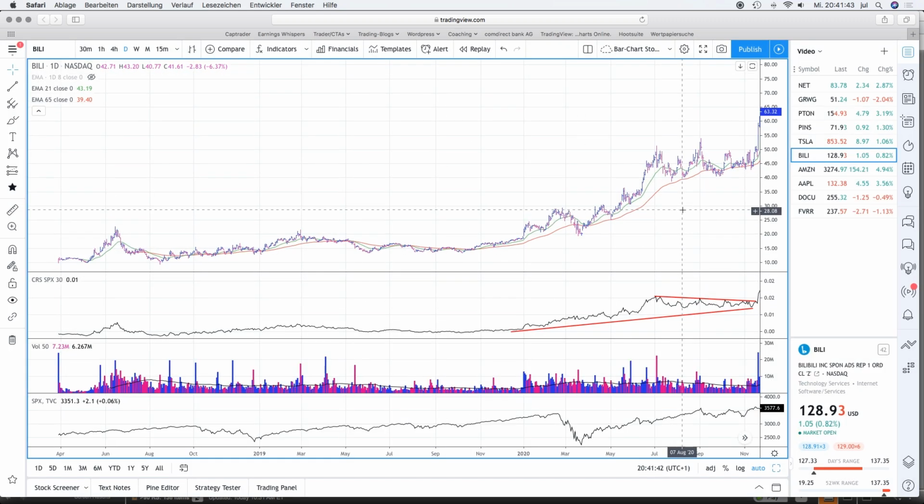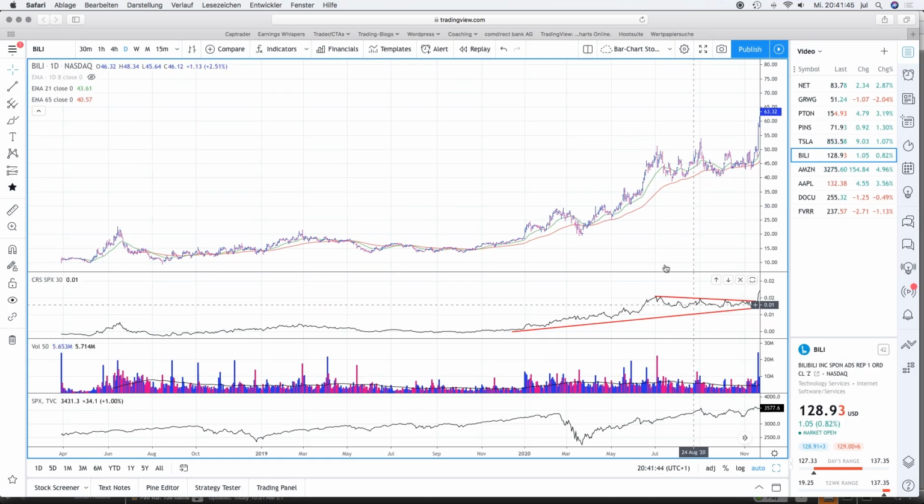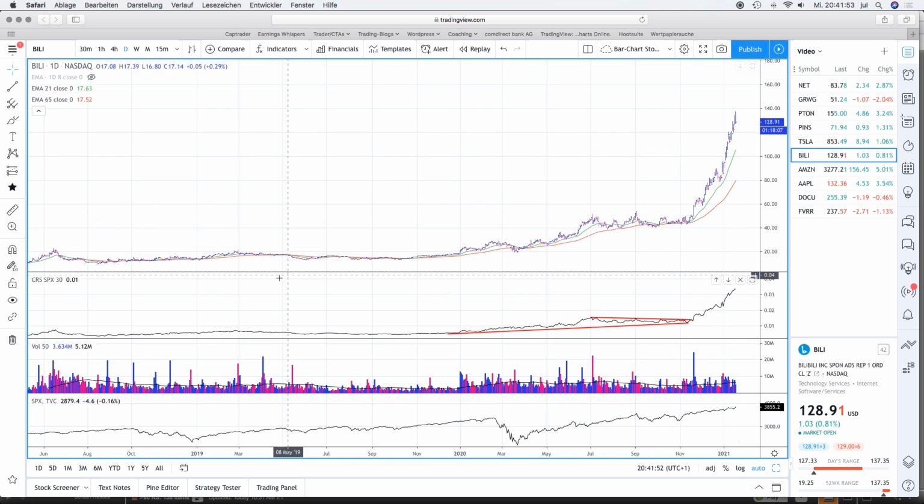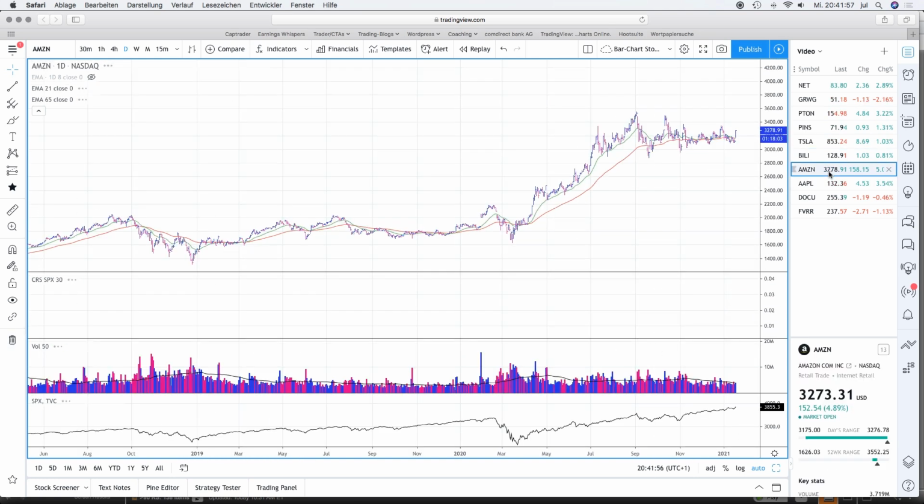The trend of the RS line is still up, and that's a great sign. So no problem, and it can go to new highs very quickly.